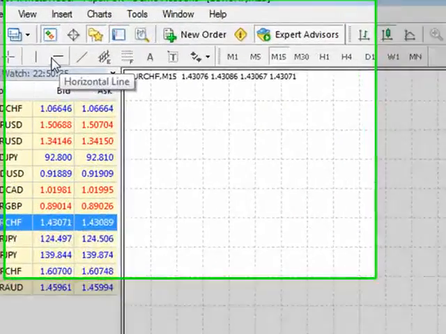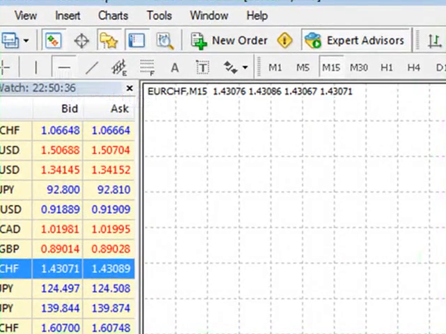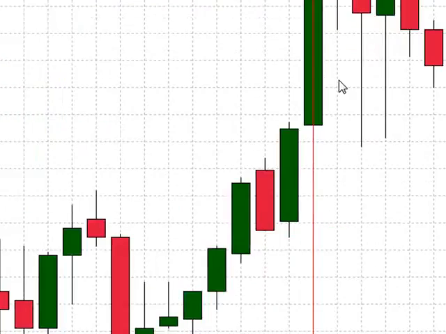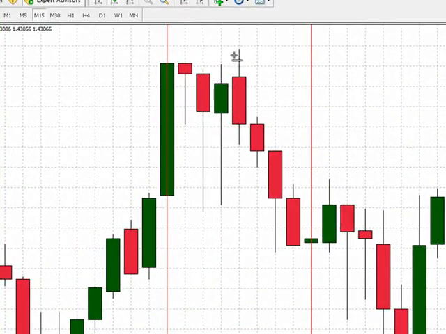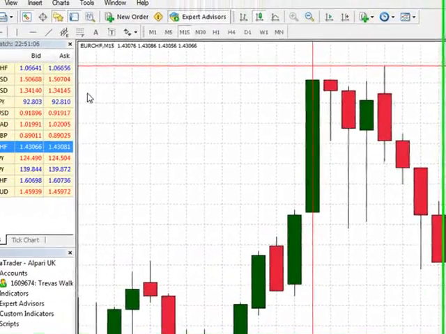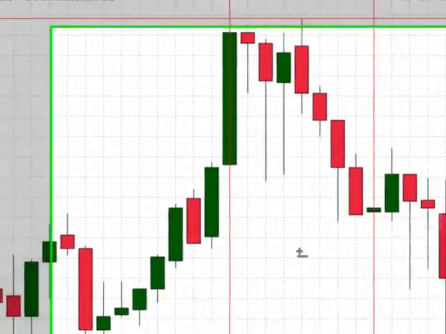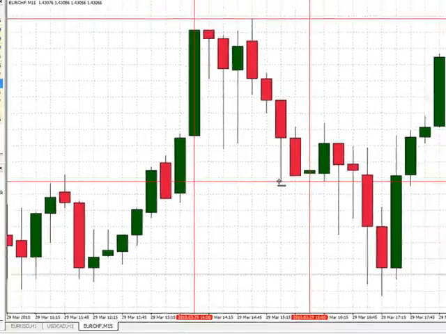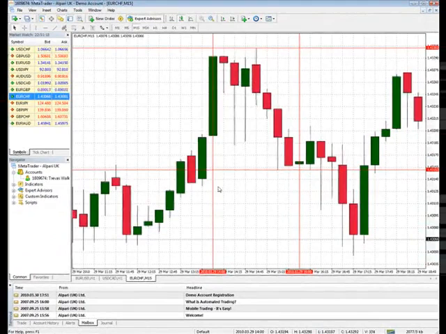And then we need to draw some horizontal lines. To do that, we click the horizontal line button right up top here. And then we take it over here and we just center the crosshair of this cursor over the top price point in between those 2 time frames, which is this. And then we do it again, draw a line at the bottom, and the low price point in between these 2 lines was right here. So now we have 4 lines on our charts.